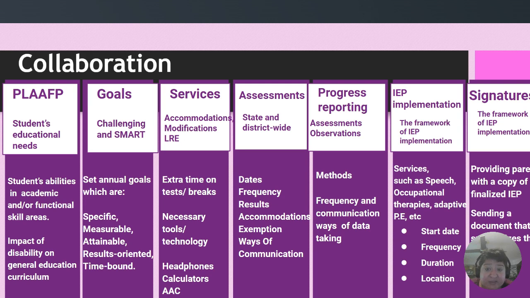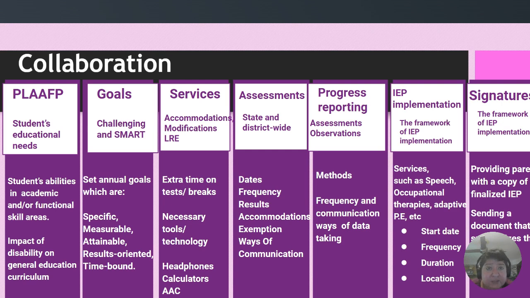Next we will discuss the services, accommodations, modifications, and we need to also talk about LRE, the least restrictive environment. We need to understand if the student needs extra time on assessments, or some additional auxiliary tools or technology like headphones or an AAC tool.